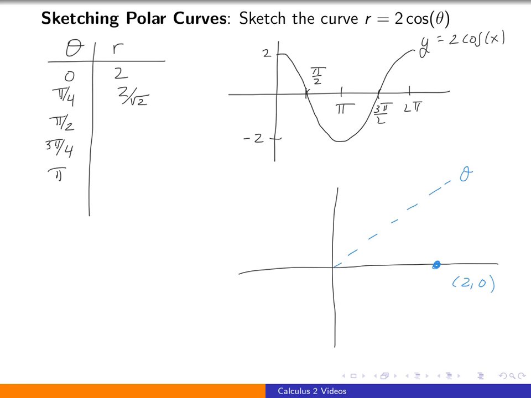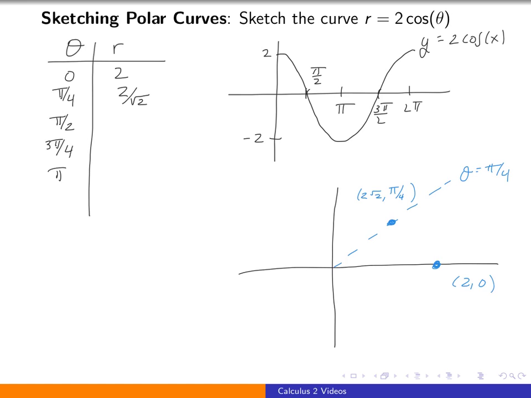Roughly speaking, and you do not have to draw these dashed lines, it's just to help me out, let's say maybe right about here. So that would be the point (2 over root 2, pi over 4) in polar coordinates.